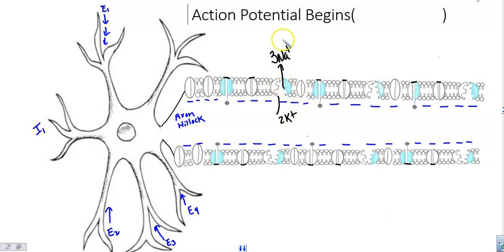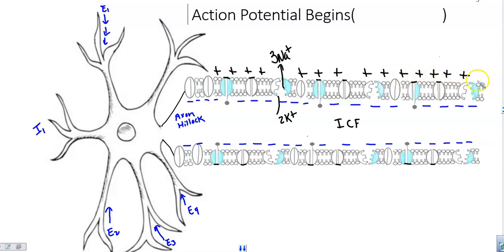But because 3 are being pumped out and 2 are being pumped in, it's making us have a negative on the inside. This is that intracellular fluid inside the axon, making it negative there, and we've got it positive here on the outside like that. And that's called polarized.